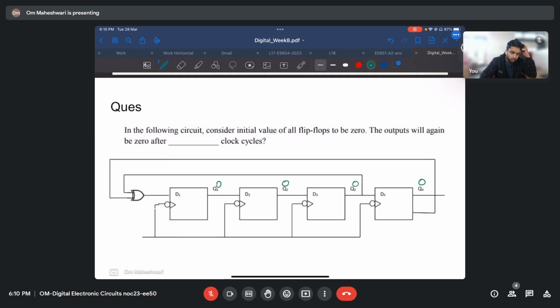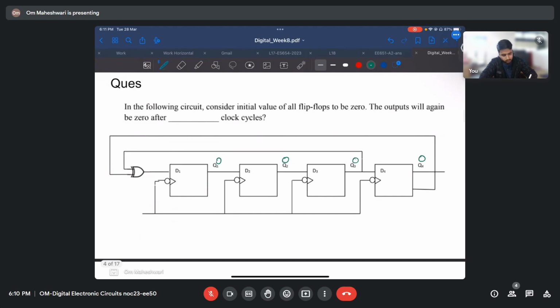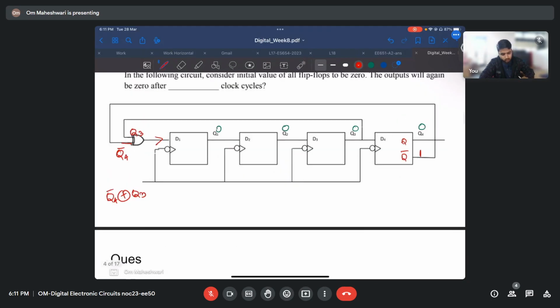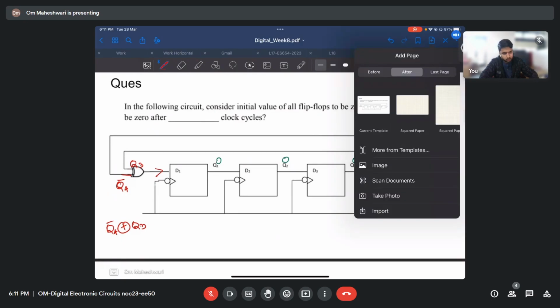Note that if Q is 0, Q bar is 1. This Q4 bar is going here, so it is Q4 bar XOR Q3. The D1 input is Q4 bar XOR Q3. Let us try to solve this.